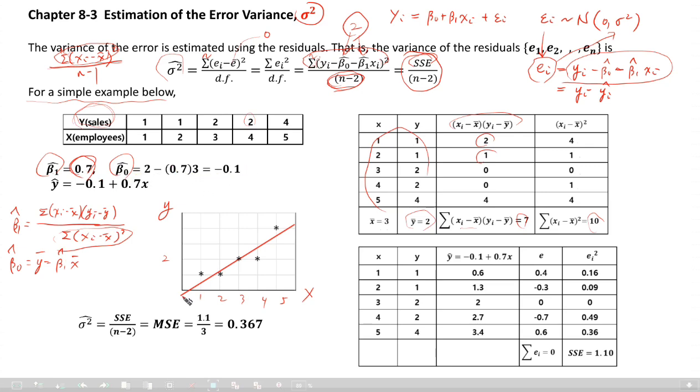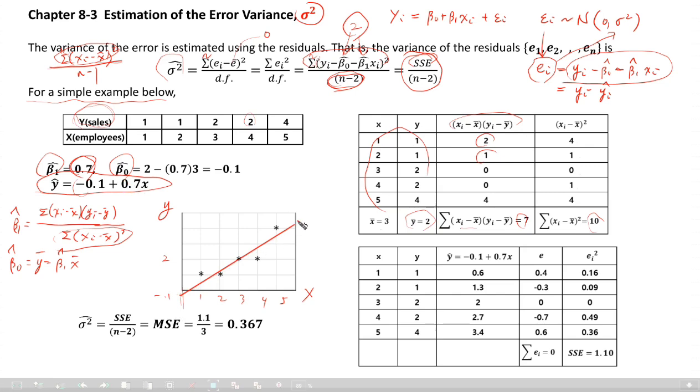Then the line will be like this, the red line, right? This is the estimated equation or estimated linear line. So the intercept is minus 0.1 here, and the slope is 0.7. Very simple mathematics.